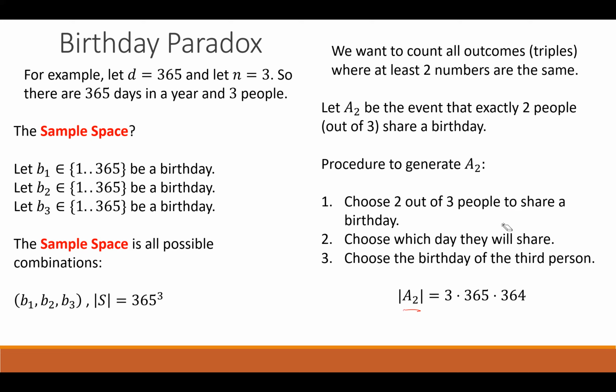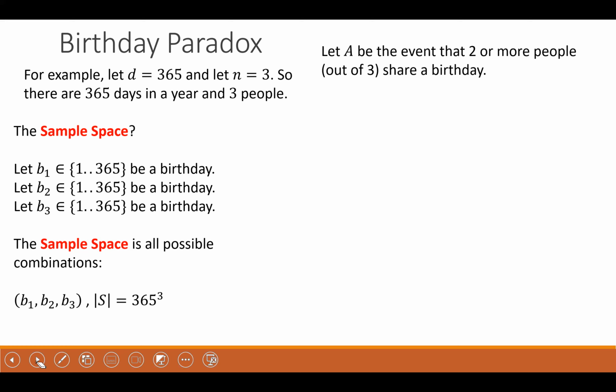Once again, I've broken down my event into two different disjoint events. So my event A is the event that at least two people share the same birthday. Event A3 is that all three share it. A2 is that exactly two share it.